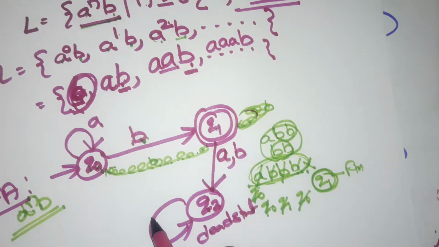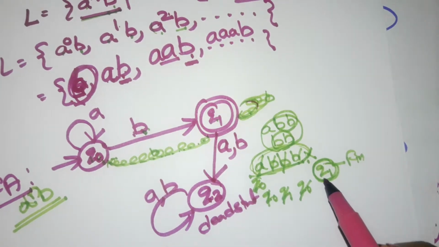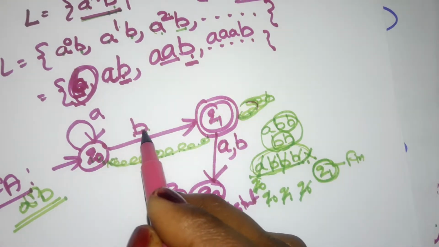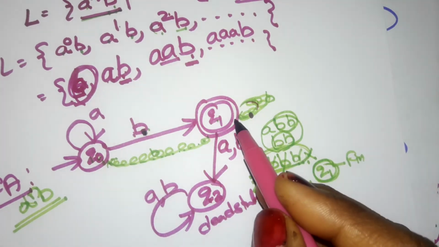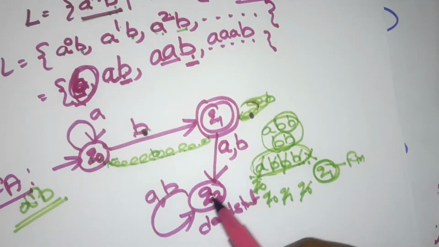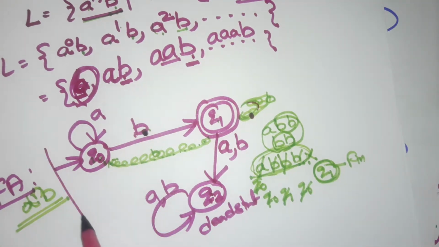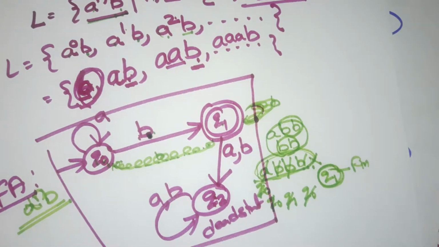For q2 also, input symbols a, b are mentioned. So whenever a power n b appears, it goes to the final state. Whenever more than one b appears, obviously it goes to the dead state and is not accepted by the DFA. So this is the DFA for accepting a power n b.